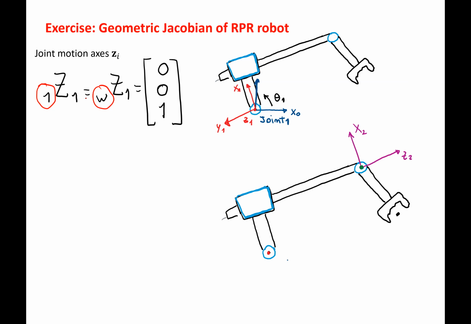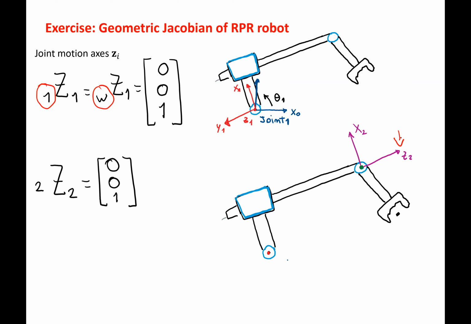Now let's look at the second one, which is located at this point in the robot. And here it's a bit more complex because we see that z is actually not pointing outside of the slide, but it's pointing in that direction, aligned with the link with its predecessor link. So if we look at the z axis of joint 2, expressed with respect to frame 2, of course this is 0, 0, 1, but this is not useful for us.